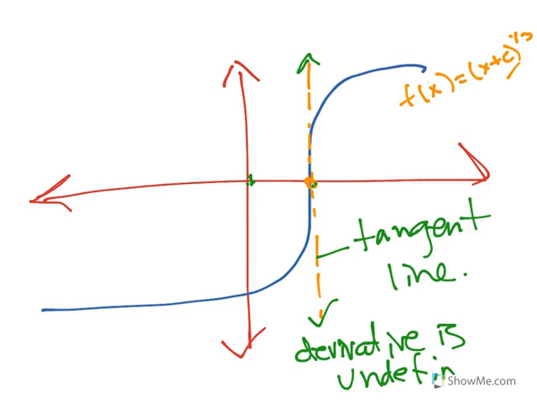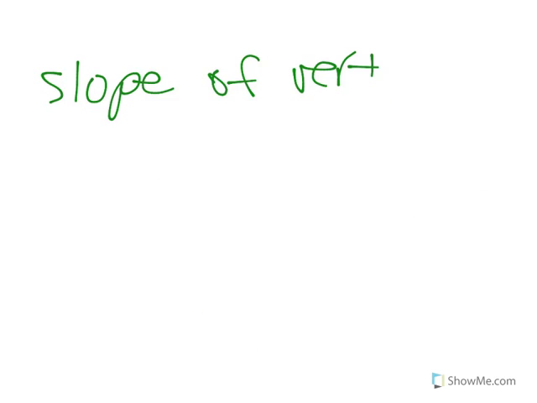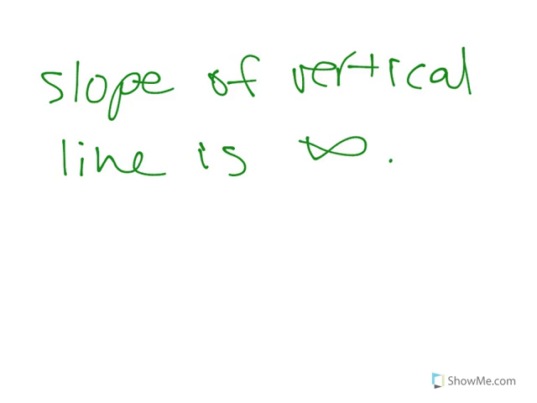Why? Remember that the derivative is the slope of a tangent line, and the slope of a vertical line is infinity, which is basically undefined for that specific tangent line.